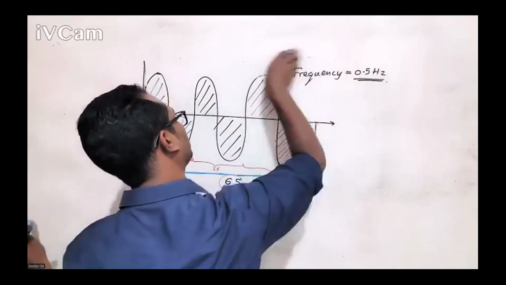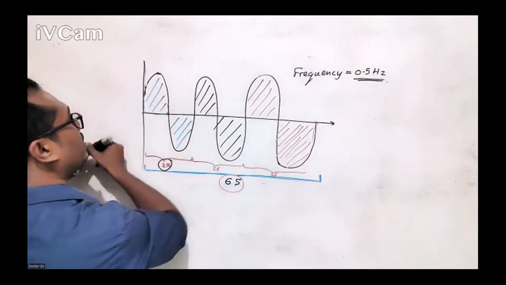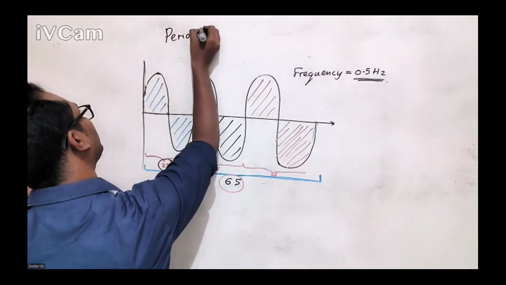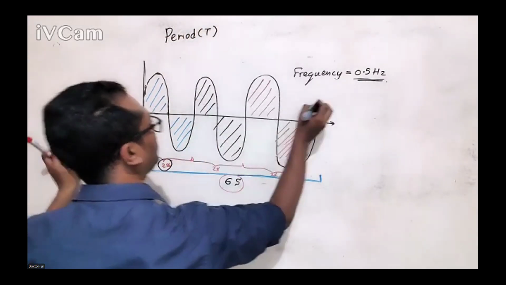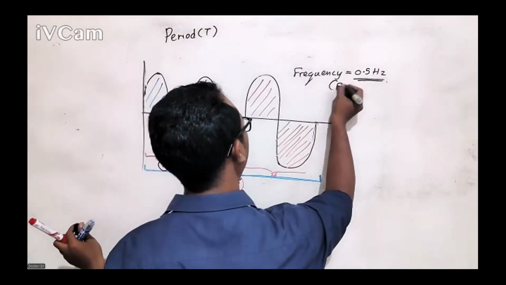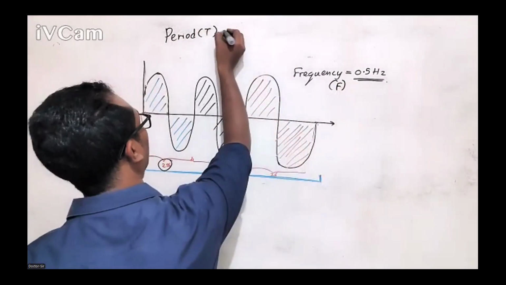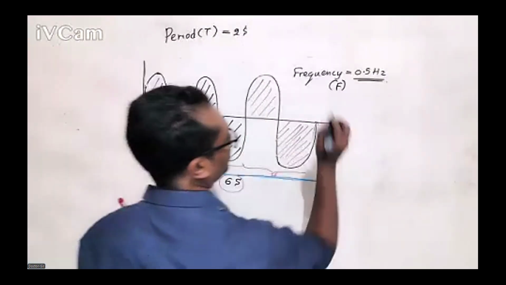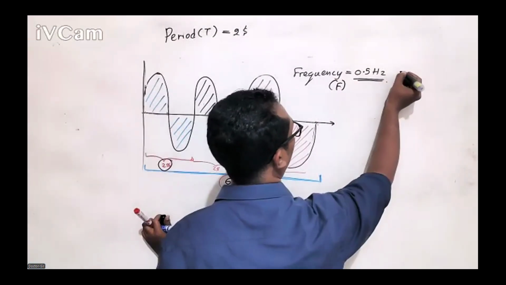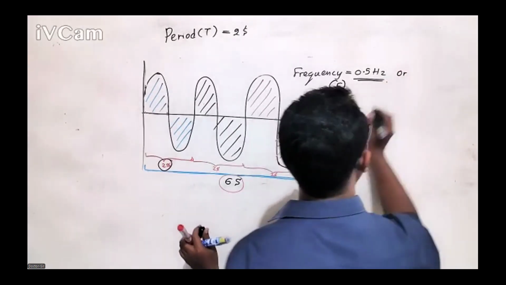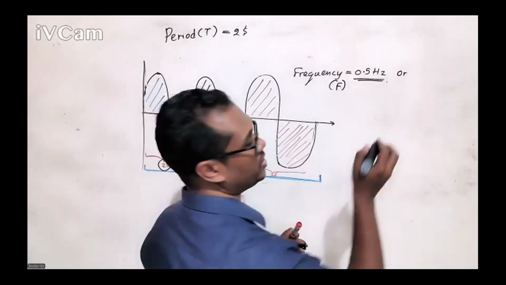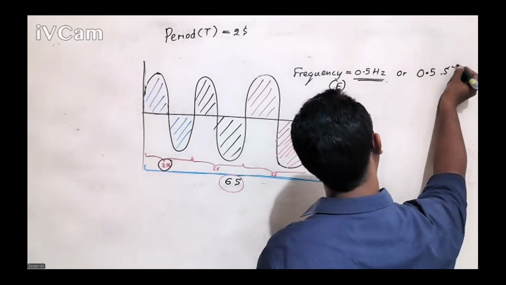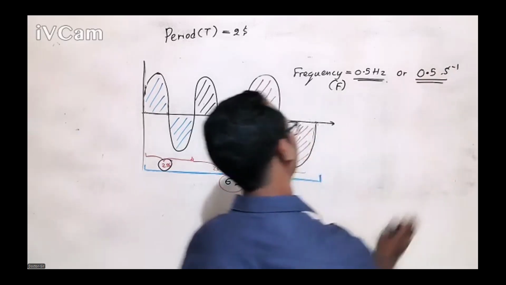Period we represent by capital T. The frequency we usually represent by capital F, which is 0.5 per second. Both are correct.